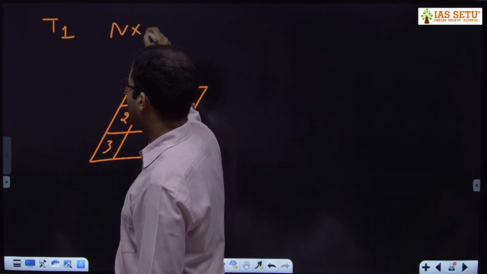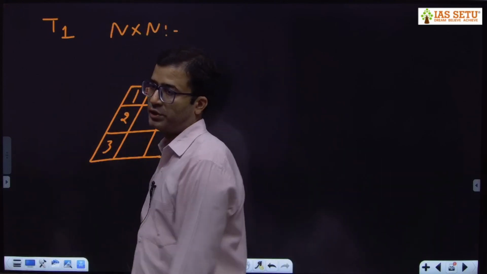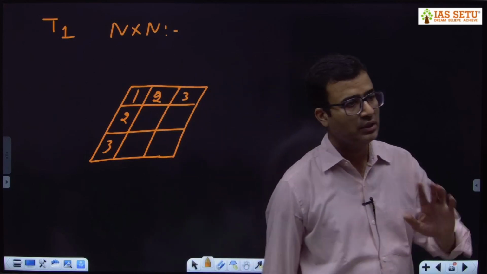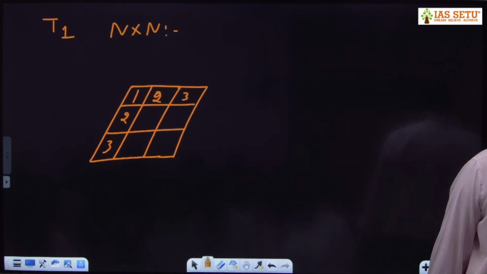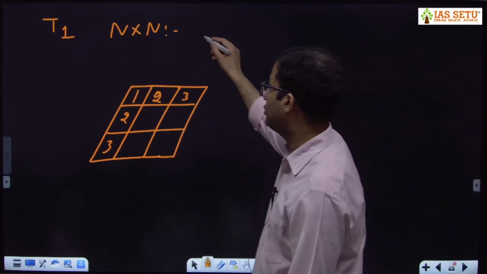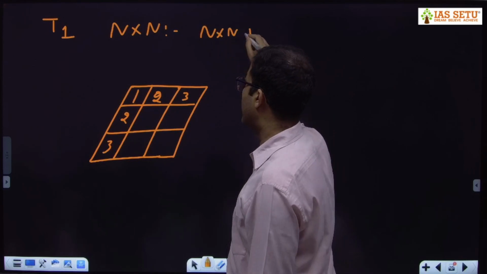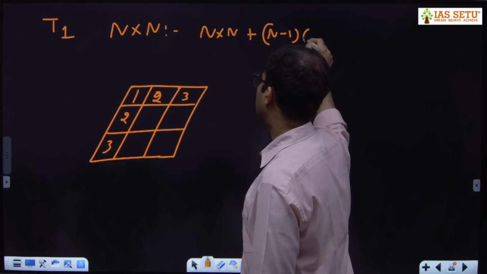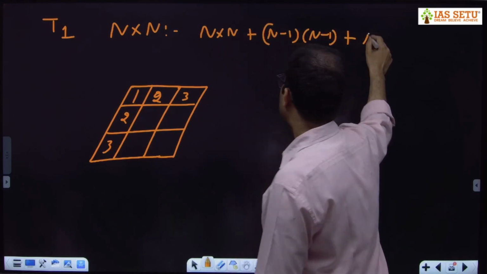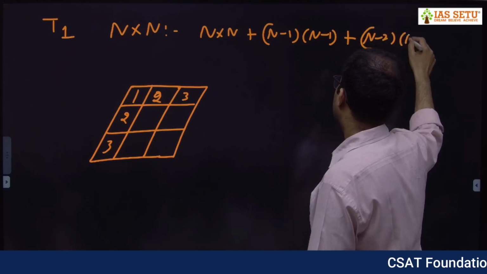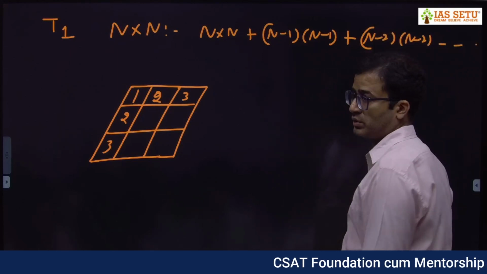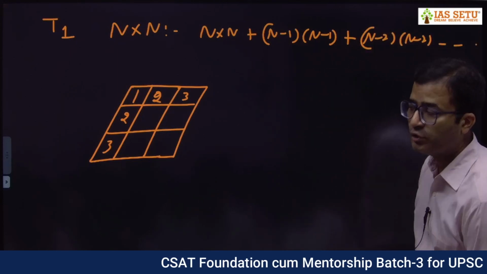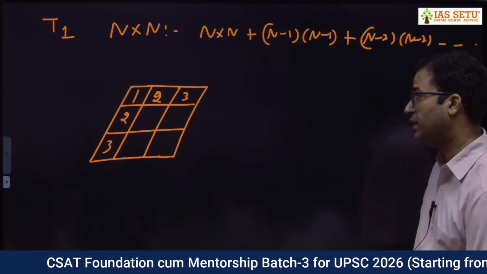You apply your square short trick. Square, rhombus, same short trick. Square की short trick क्या थी? n into n plus n minus 1 into n minus 1 plus n minus 2 into n minus 2 and so on. Start with the given value and keep on subtracting 1 and multiply.